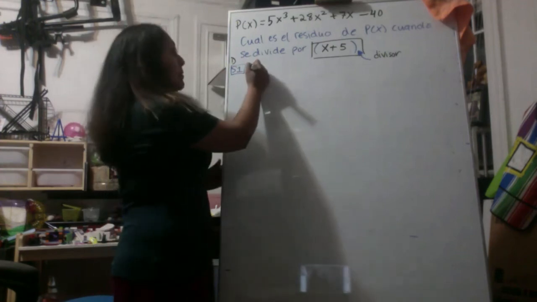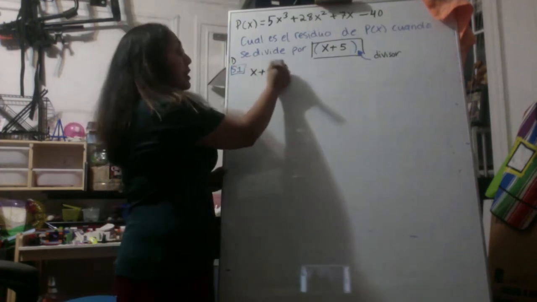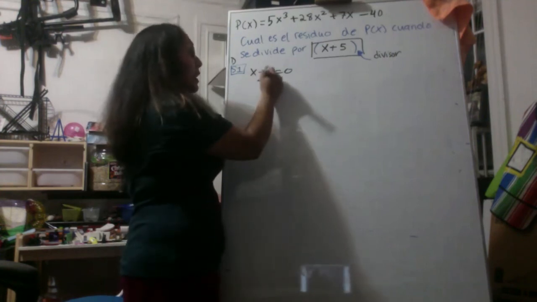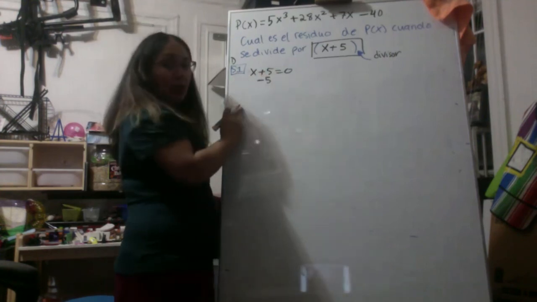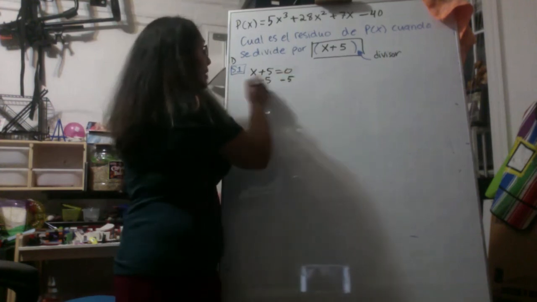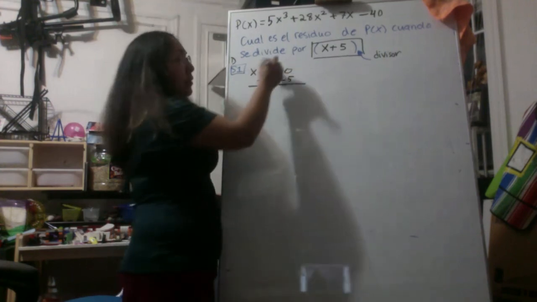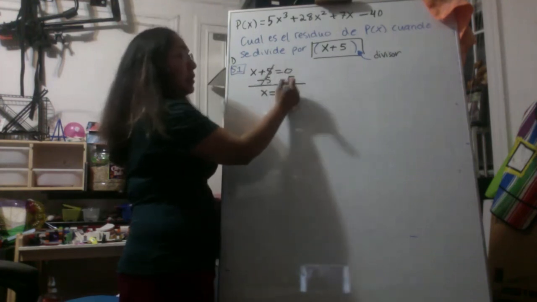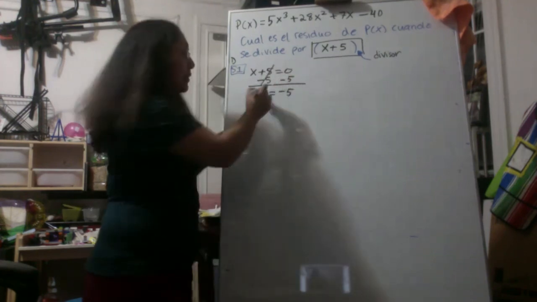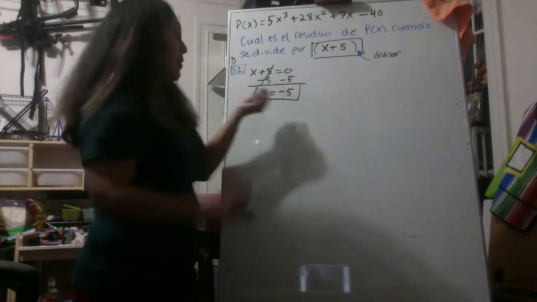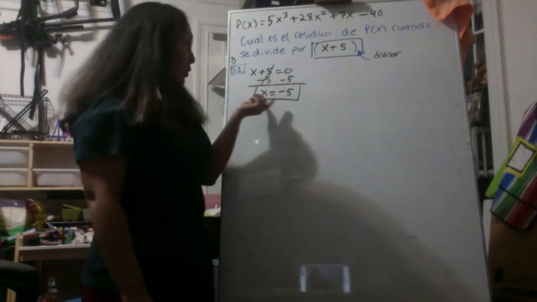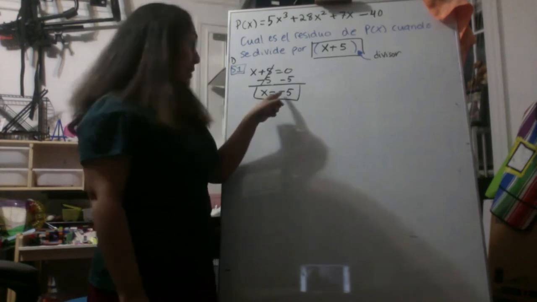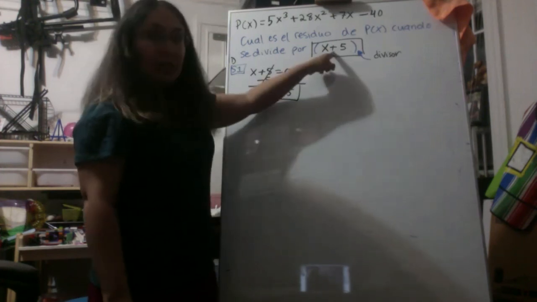Primero, vamos a poner el divisor, vamos a ponerlo igual a 0 y resolver por x. Como aquí es más 5, voy a restar 5 a los dos lados, baja x igual a 0 menos 5 es menos 5. Otra vez se dan cuenta que lo que me dio el paso 1, cuando resolví por x, el signo es opuesto al signo del divisor.